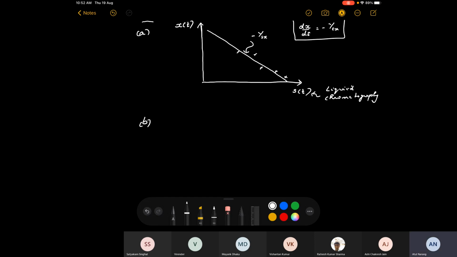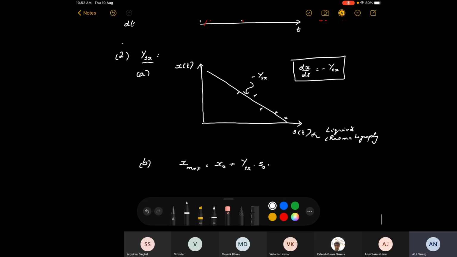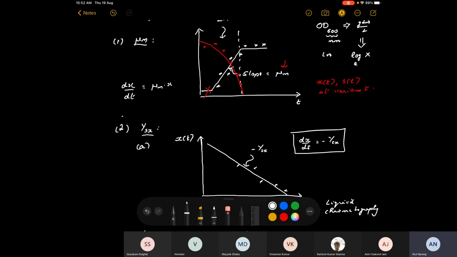Well, what they did was they exploited the relationship x_max equals x0 plus Y_sx times s0. Now, how did they use it? Well, if you take a look at the experiment, you will see that in most experiments, this is x0 and this is the maximum value, x0 plus Y_sx multiplied by s0. So you've gained Y_sx s0 biomass as you jumped up.